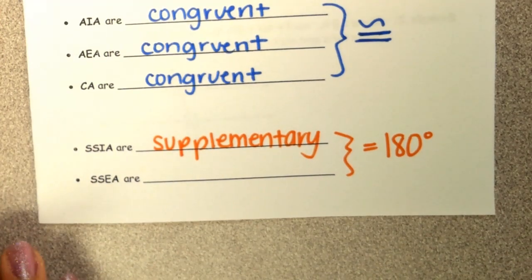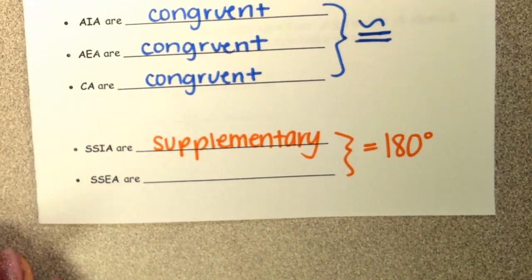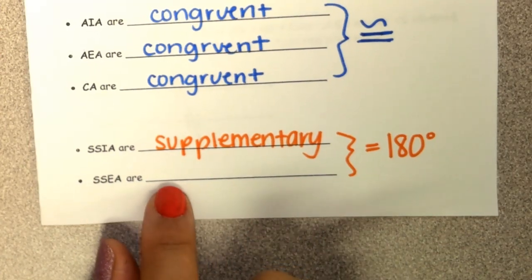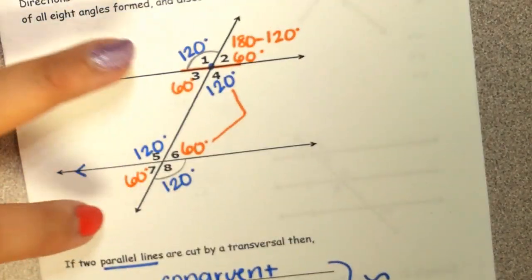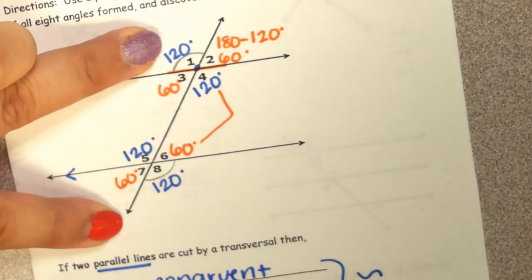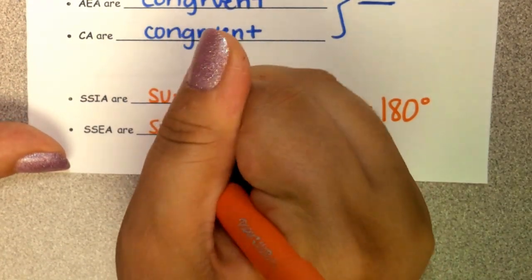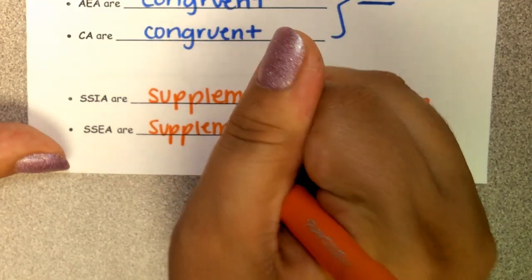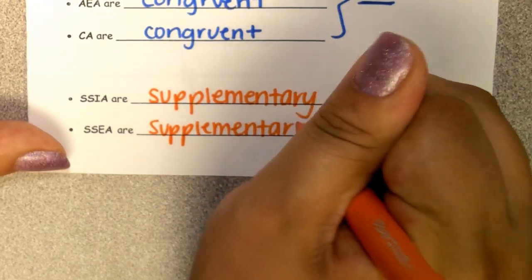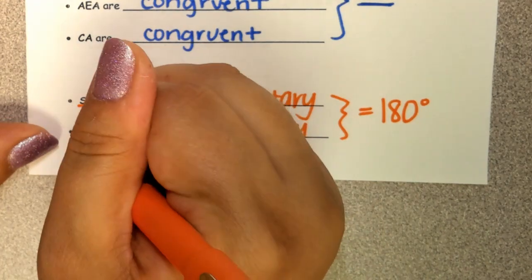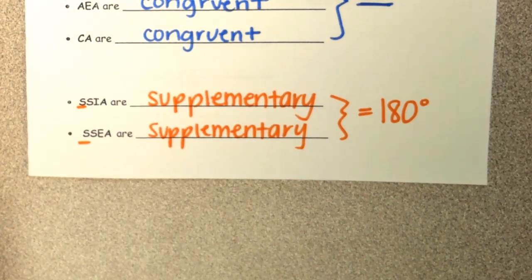Write it down, please. And what do you think about same side exterior? If they're on the same side and they're outside, what do you notice? They're also supplementary. So the way that I remember is if it starts with an S, it's supplementary. If it doesn't start with an S, it's congruent.